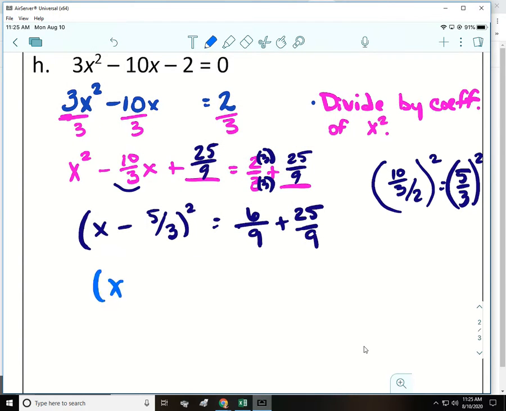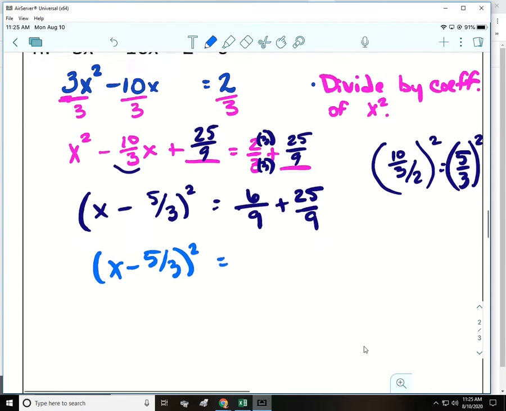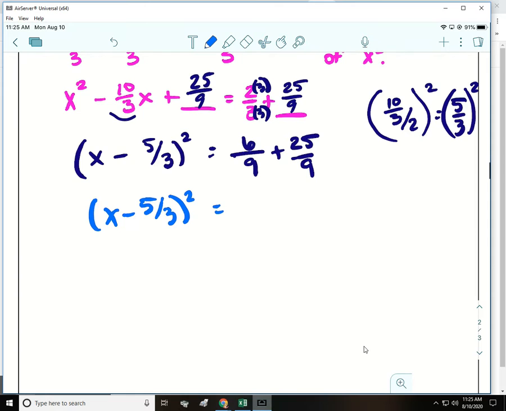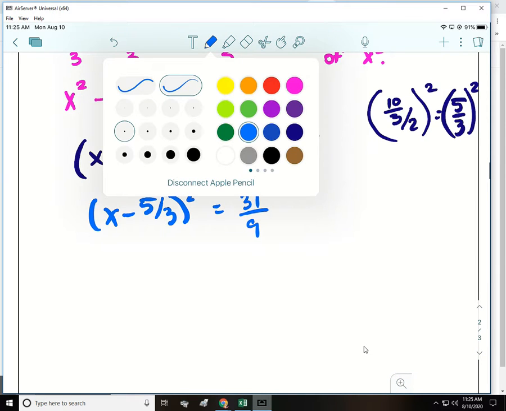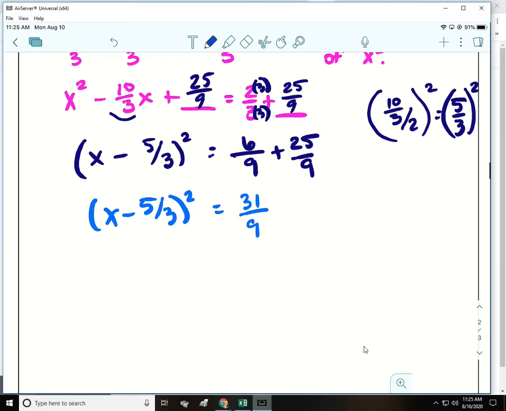All right, and then once I have a common denominator, what do I do? What do I add? Just the numerators. So slightly more tedious because everything wasn't pretty numbers, but we're going to get there. So plus 2.